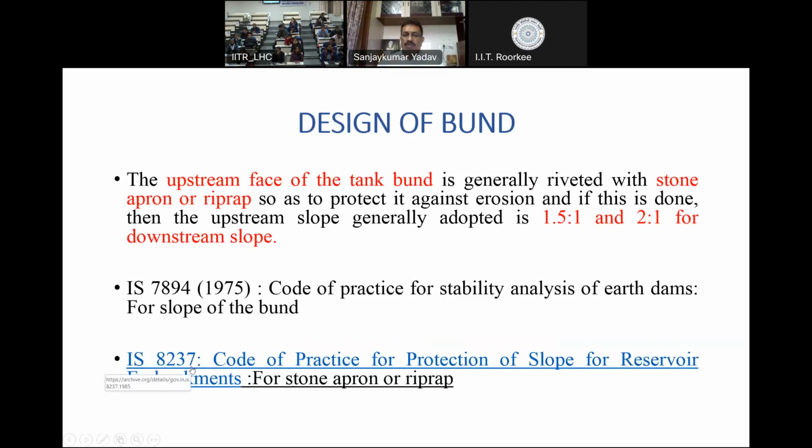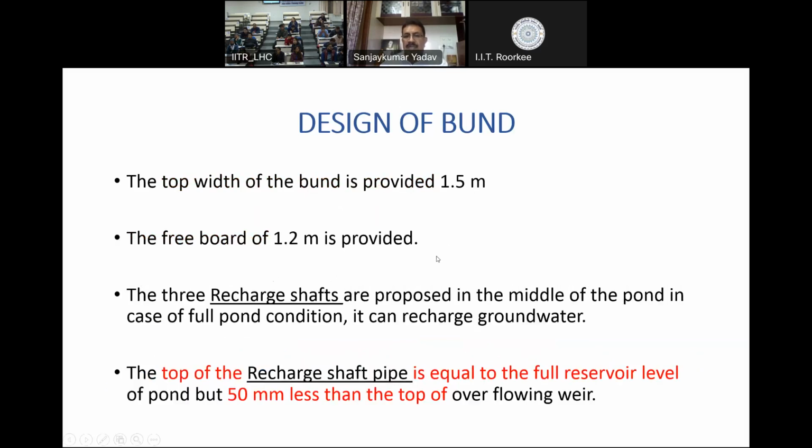IS 8237, the code of practice for protection of slopes of reservoir embankments, has been followed for the stone apron or riprap. The width is kept at 1.5 meter, and the freeboard is kept at 1.2 meter. As I said, whenever the pond is at full reservoir level, the water will spill into the recharge shaft.